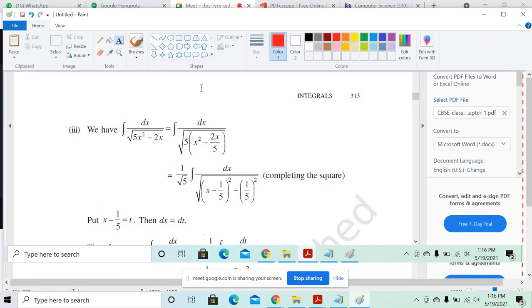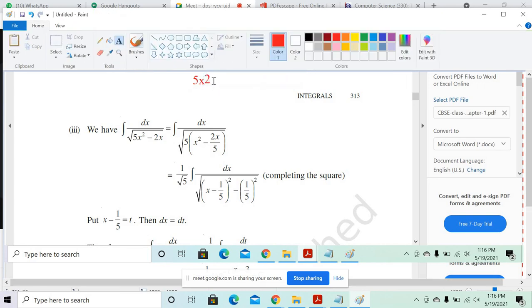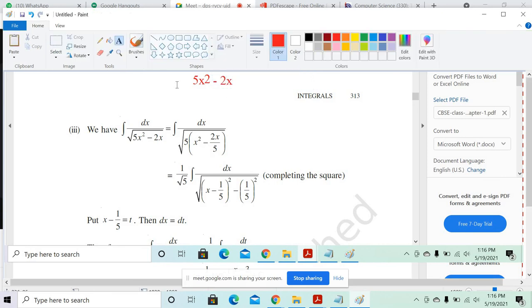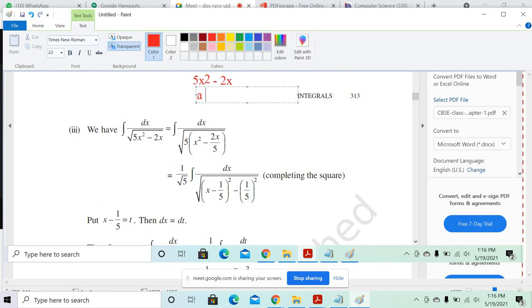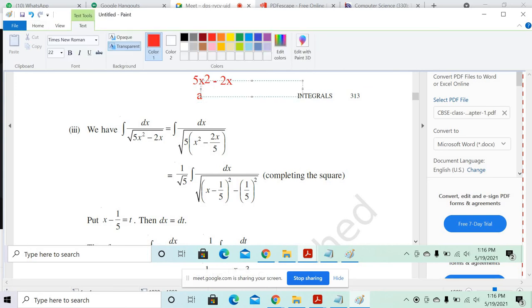Now it is 5x square minus 2x, so I'll put it here, 5x square minus 2x is the equation, correct? Now this is what is given here. This is a square, this is a square, and this is 2ab, isn't it? And this is minus 2ab.